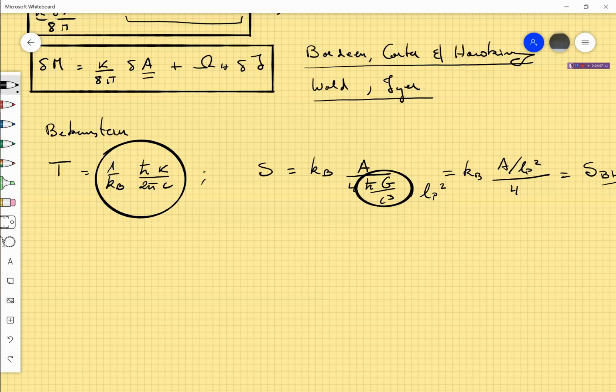One of them will be emitted, or will separate from the black hole, and the other one will fall inside of the black hole. And the overall result in terms of energy will be that the black hole will lose energy, because in the end you end up with the black hole plus a particle. So the black hole will have less and less energy. This process is called evaporation.